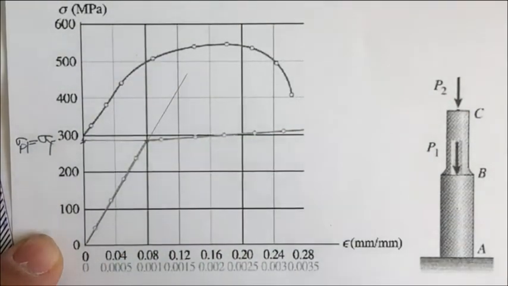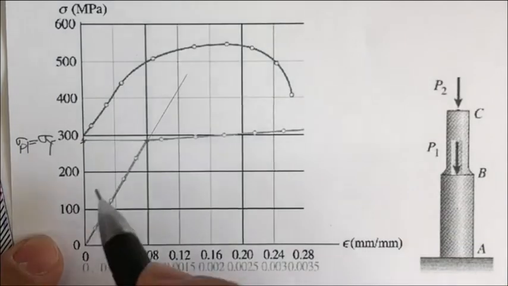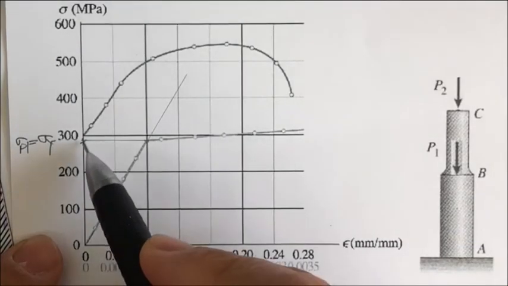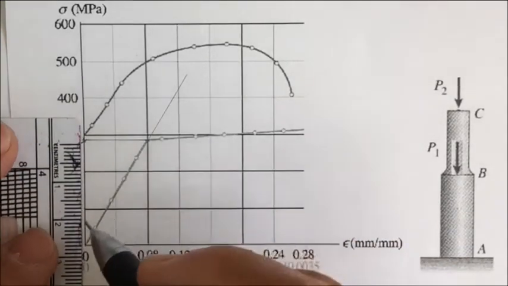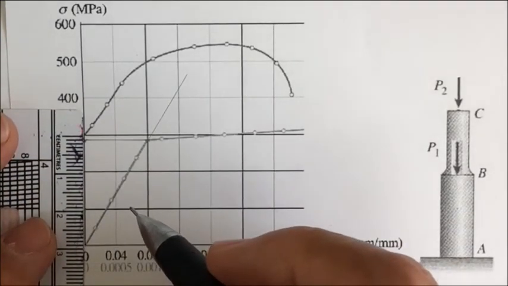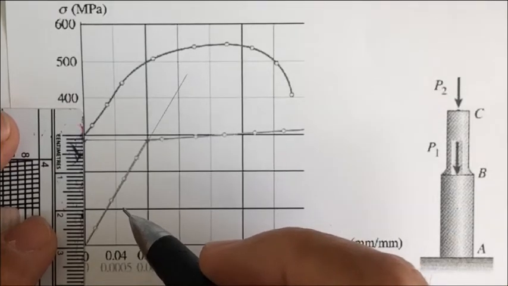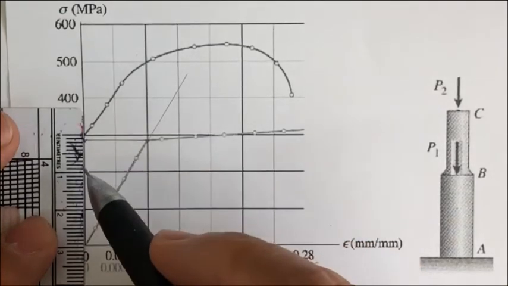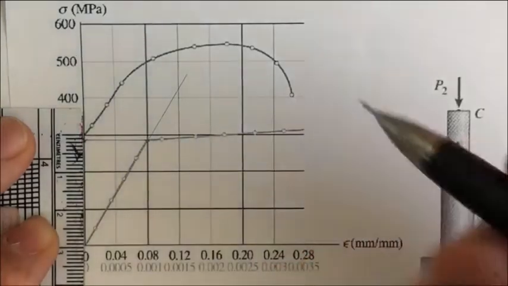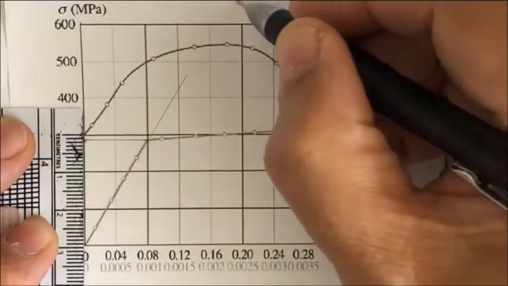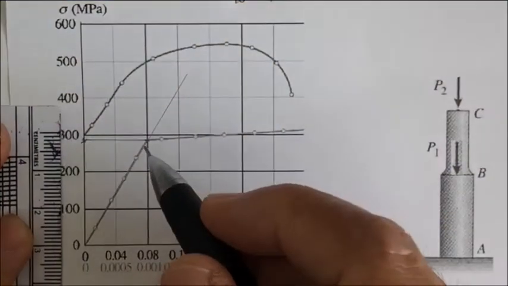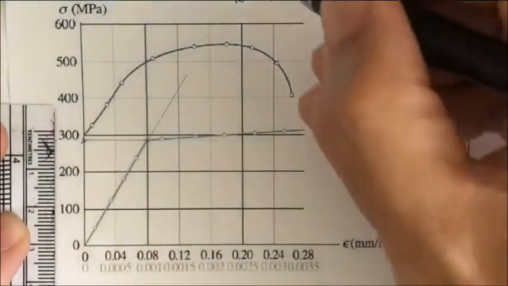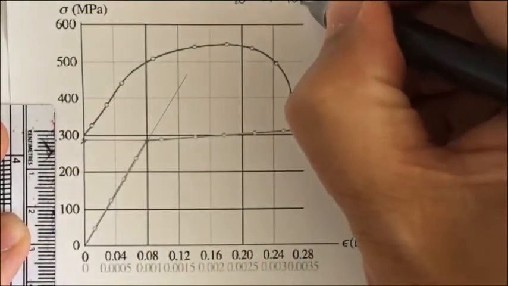You can estimate it directly, to be 200 something, that's close to 300. But to be more systematic, you should measure this. Okay, you may see this is going to be about 10 millimeter. So this is going to be 10 millimeter, and then you get the stress of 100 megapascal.